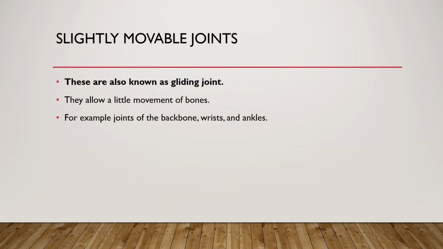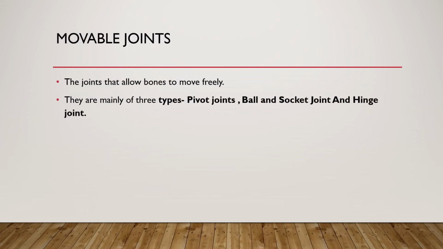Then slightly movable joints, also known as gliding joints, where only slight movement of bones is seen. For example, in the joints of our backbone, in our wrist and ankles. Then come movable joints. They allow the bones to move freely, and they are mainly of three types: pivotal joint, ball and socket joint, and hinge joint.